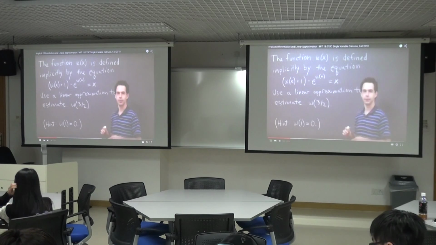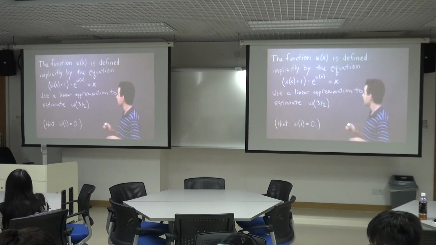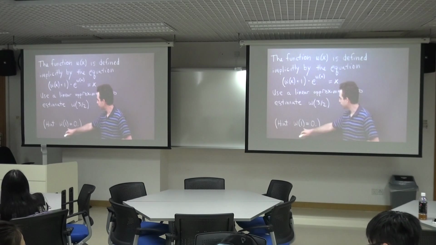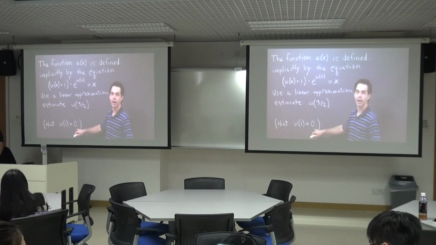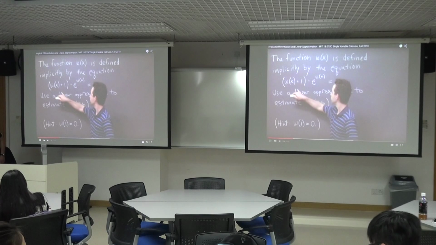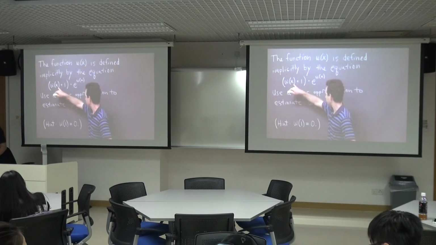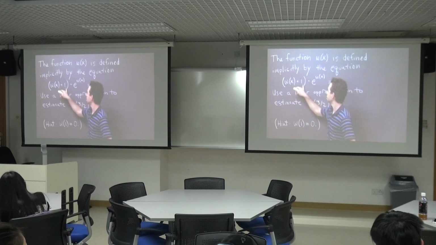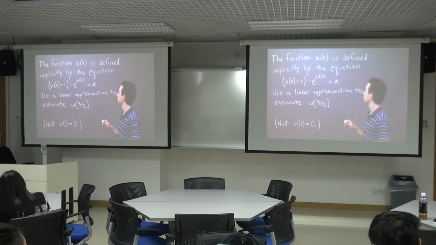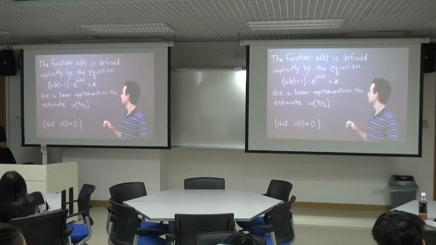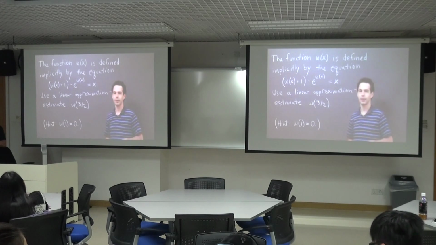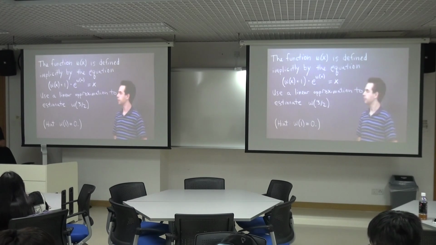As a hint, I'm pointing out that w of 1 is 0. If you put in x equals 1 and w of 1 equals 0 on the left-hand side, you do indeed get 1 as you should. That will give you a hint about where you can base your linear approximation.